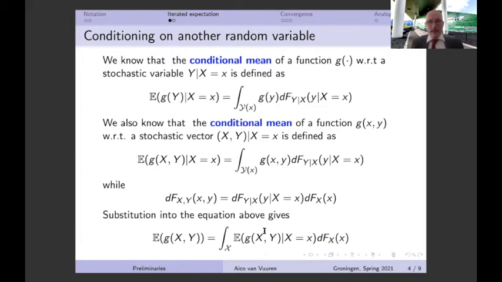And why is this so nice? Well, this is nice because this thing that we have here at the left-hand side is in many cases extremely complicated. This is a mean of 2 random variables of this function that we have over here, and then we get an integral over both the support of x and y. In many cases, that's extremely difficult to calculate.